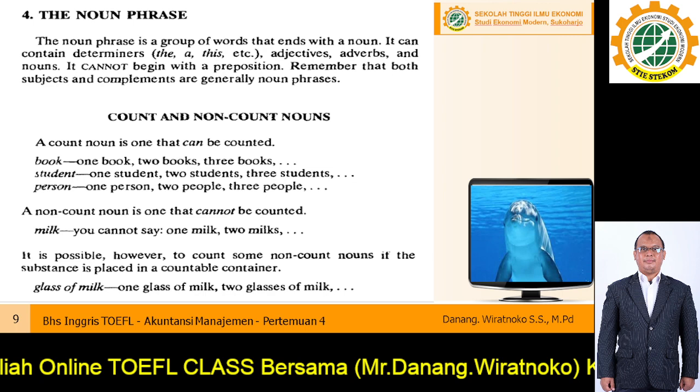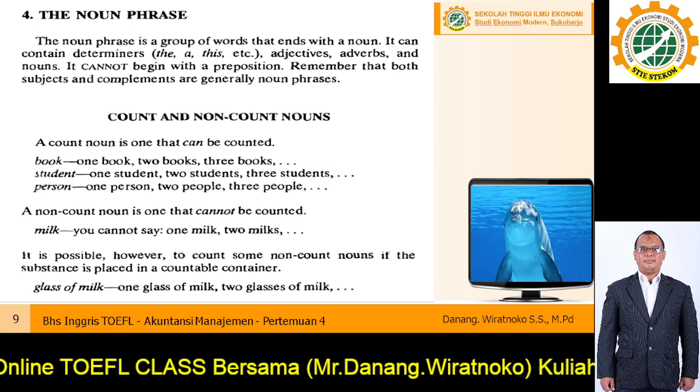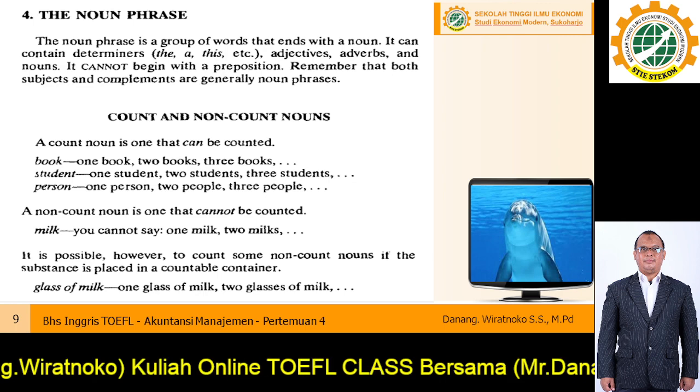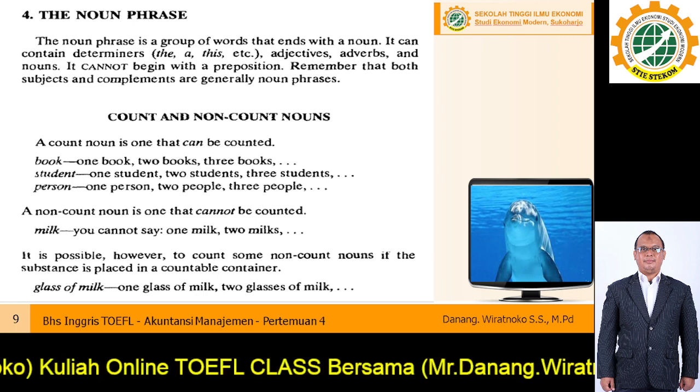It can contain determiners, the, this, and etc. It also contains adjective, adverb, and noun. It cannot begin with a preposition. Noun phrase itu tidak bisa diawali dengan preposition. Ya, seperti kata tadi itu ada at, with, ya. Remember that both subject and complements are generally noun phrases.